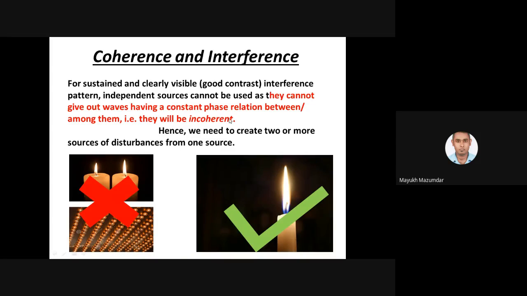So what we need is that the two waves must have a constant phase relation. Maybe one is lagging the other by an angle of 60 degrees. That should stay the same throughout the experiment. Is it clear, everyone, what we mean by being coherent? Simply, there should be a constant phase relation between the two waves.